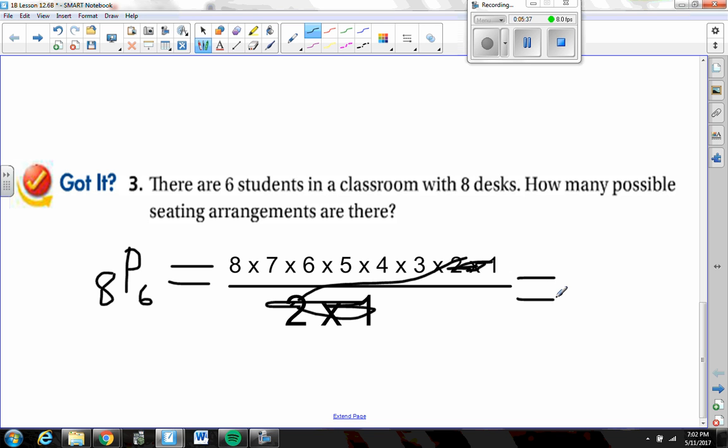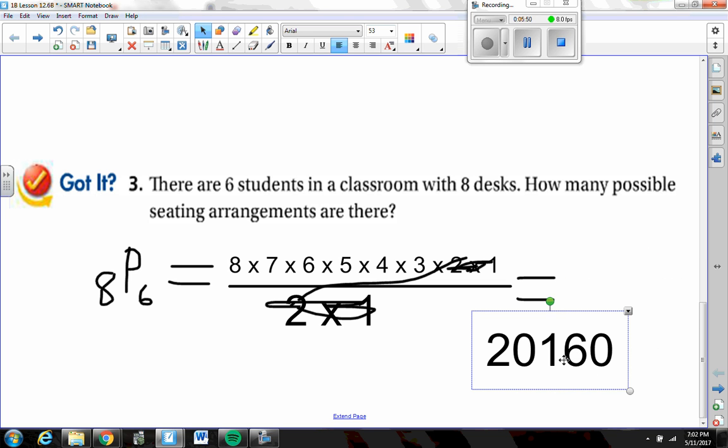So I'll do that on my calculator, 8 times 7 times 6 times 5 times 4 times 3, and it equals 20,160 different ways to put those 6 students into those 8 seats.